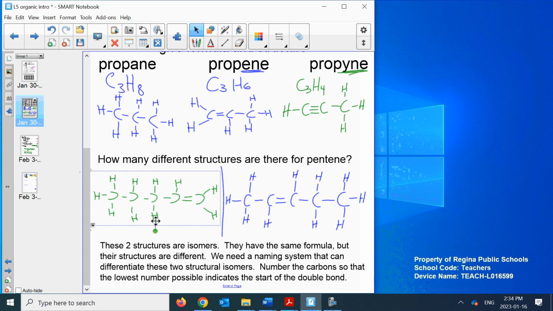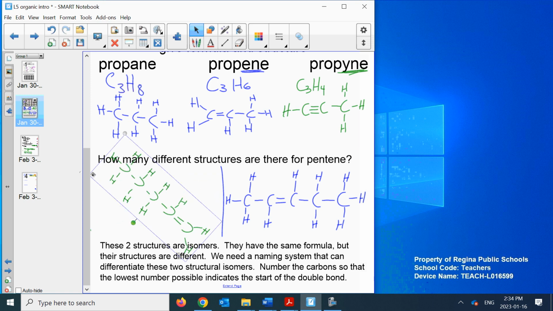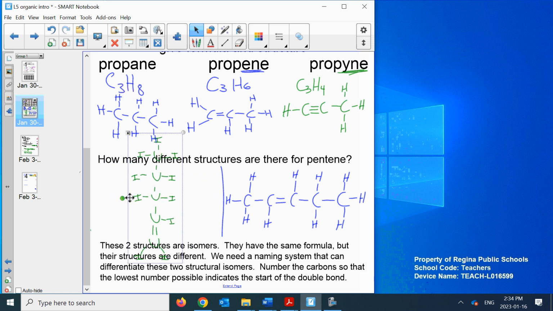Does that make sense? Always go with the number, don't automatically go left to right. In this case, number 1 is on the right-hand side. You'll see molecules sometimes drawn up and down, with the bottom as number 1, right?